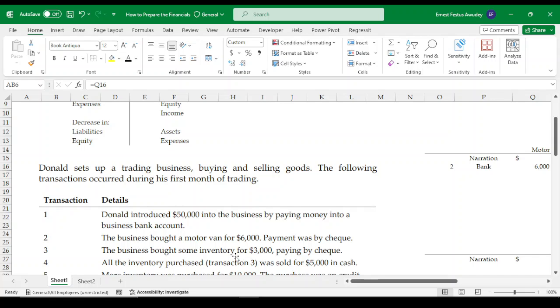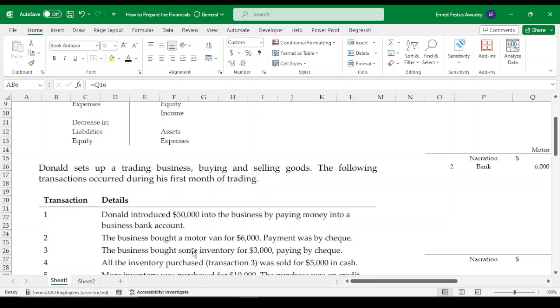Therefore, whenever you buy inventory, we call it purchases. So in this case, because we bought inventory, you are going to record it in the purchases account, and the corresponding entry, because you are paying by check, is going to be recorded in the bank account.